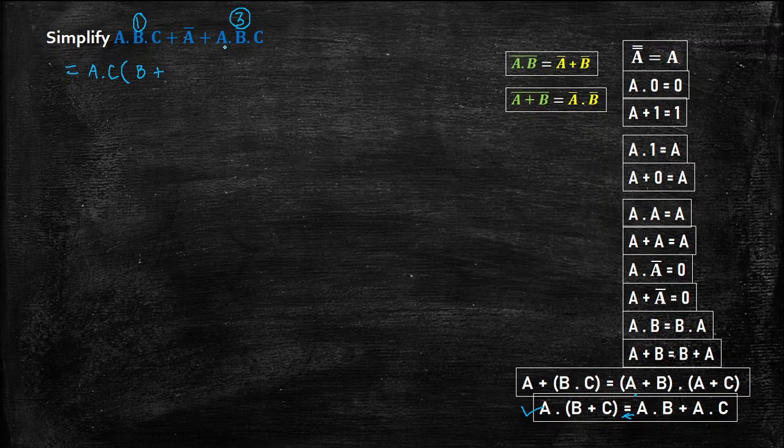And if you take A and C out of the third term, the only one left will be B complement. The law used here is the distributive law.